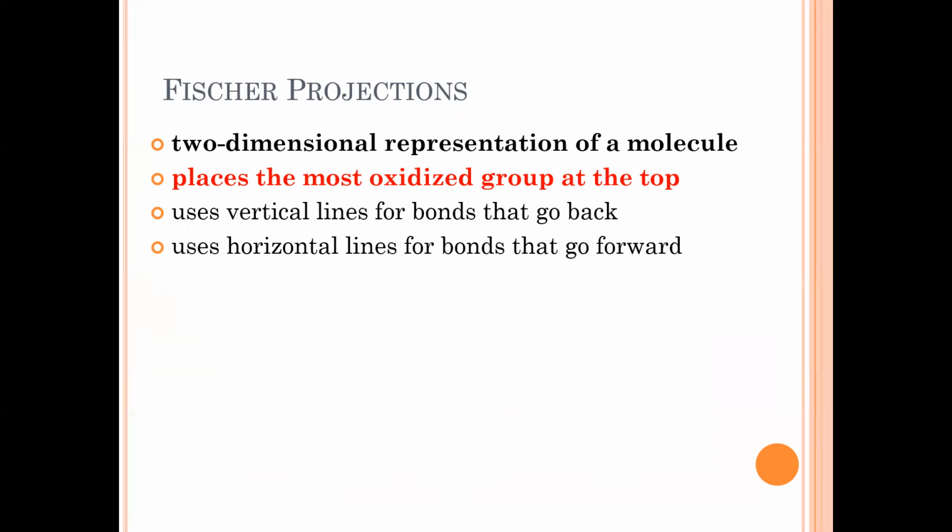It's a 2-dimensional representation of the molecule. And what we do is we place the most oxidized group at the top. So you'll always see an aldehyde at the top, or you might see the ketone towards the top. The other thing is that we're going to use vertical lines for bonds that go back, and horizontal lines are bonds that go forward.